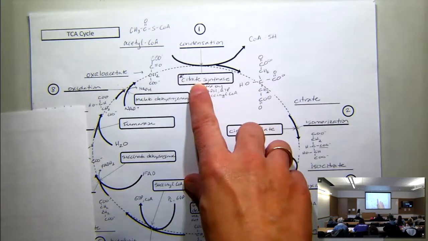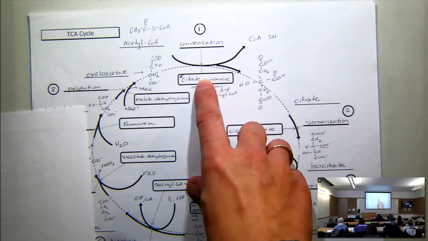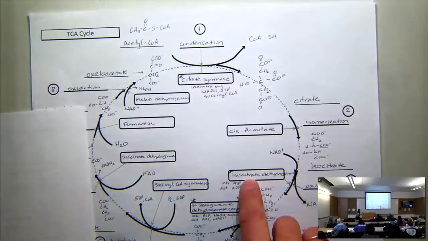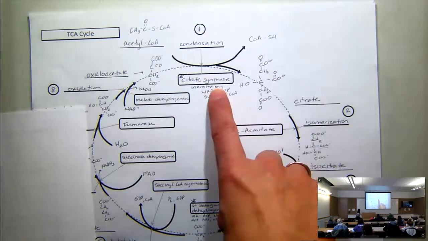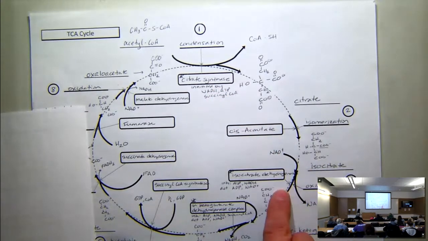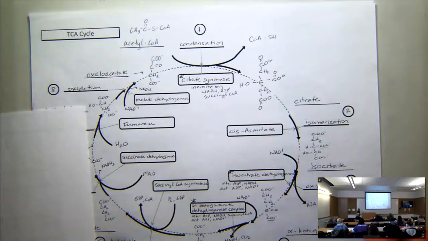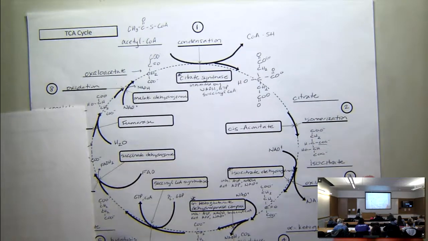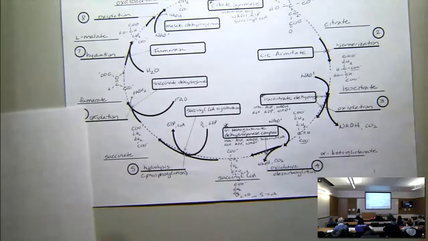We have citrate synthase. We're writing the enzymes in the boxes, and I'm starring the ones that you need to know. Those of you that have not been able to write this down can come up during our break and either take a picture or write it down. Or this is where we ended, and I'll zoom in on it.